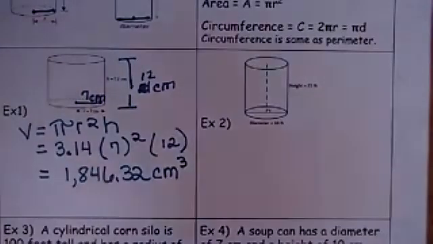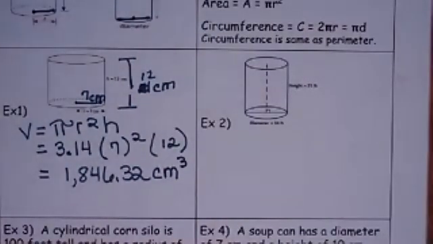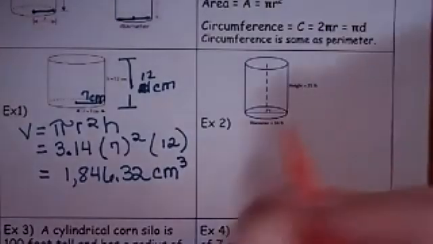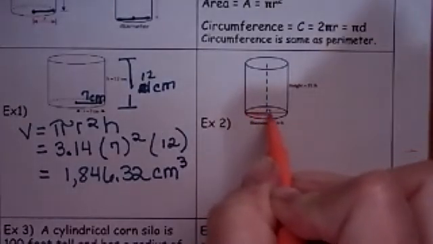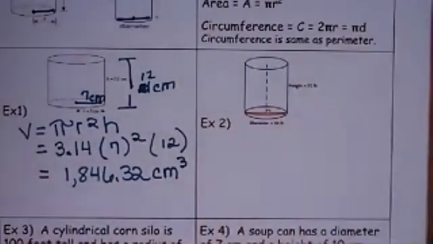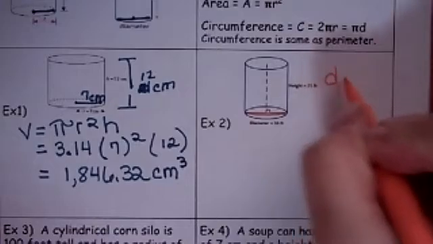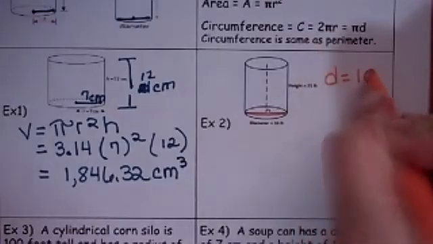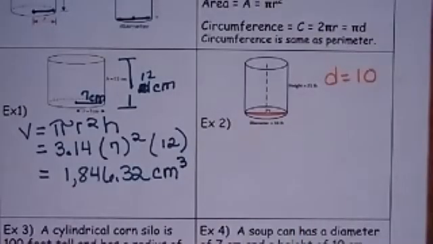But this time it's different just because it's giving me the diameter right here. See my diameter? Now, I'm told in this problem that my diameter is 10, but I can't use that. I've got to have the radius for my volume.